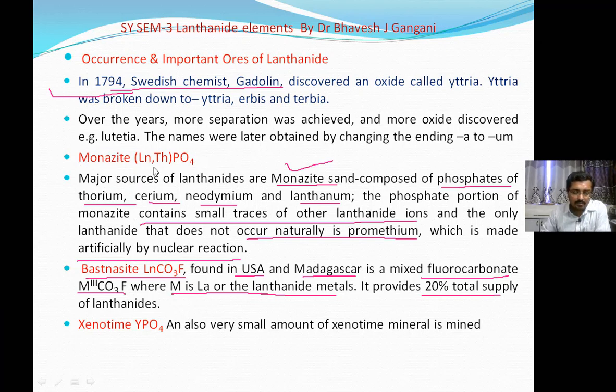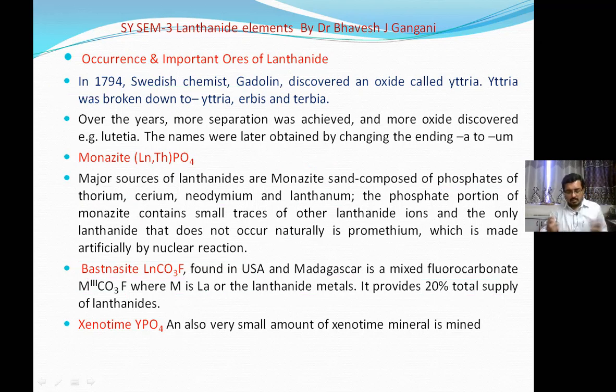First is monazite. The formula of monazite आपको दिमाग में सेट करना है, LnThPO4. Bastnasite formula LnCO3F. वो क्या है? Fluorocarbonate of lanthanide elements. And one more, xenotime. Xenotime formula YPO4. So in these three minerals, lanthanide elements are available.